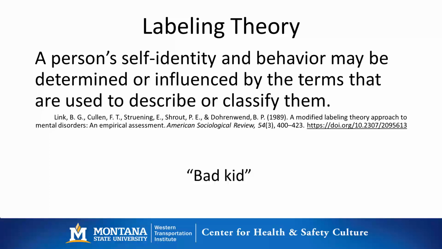The child who has been labeled as bad kid is stigmatized through rejection, isolation, and possibly discrimination, which can cause the child to eventually adopt a self-concept, a deviant self-concept, and to adopt behaviors that align with that lowered expectation.